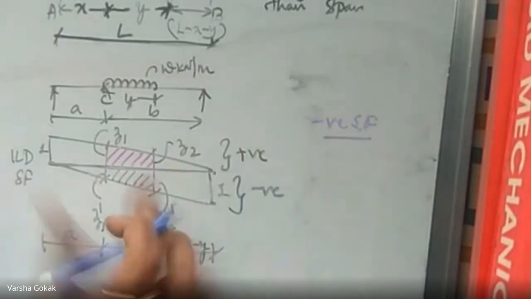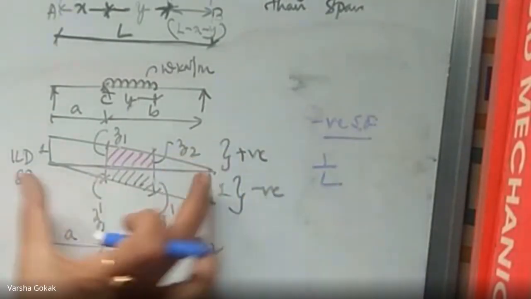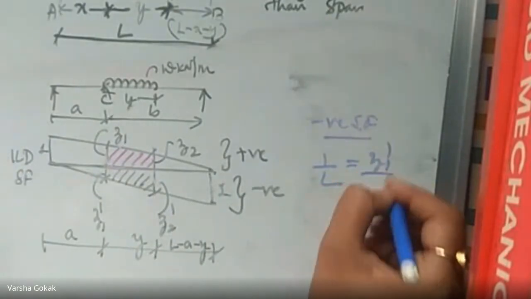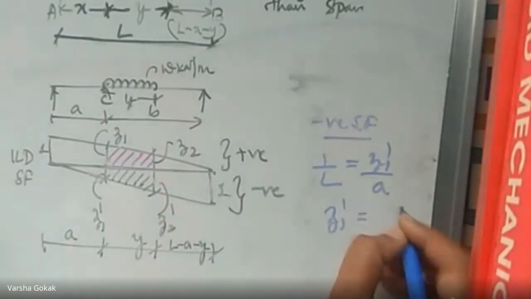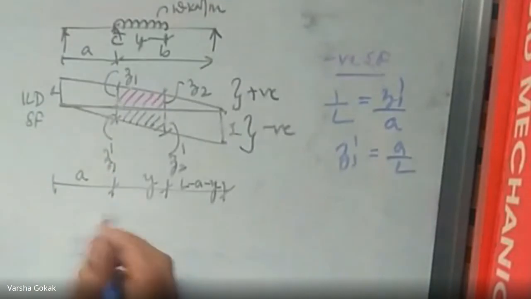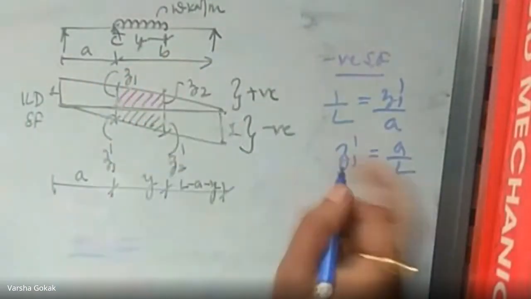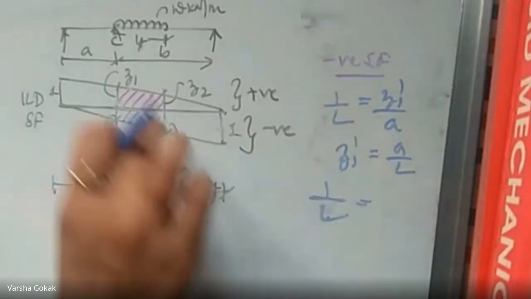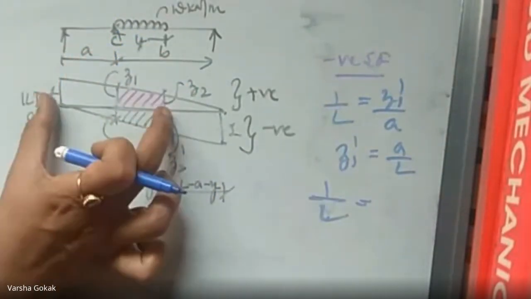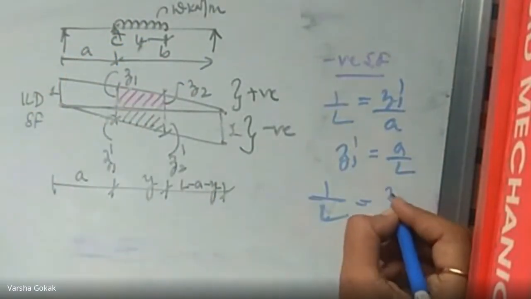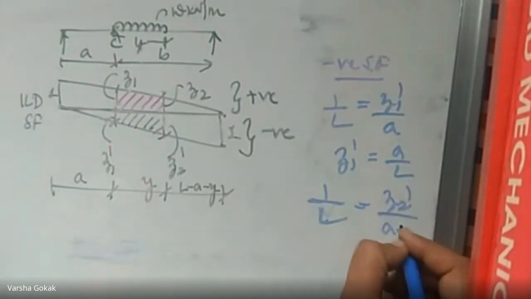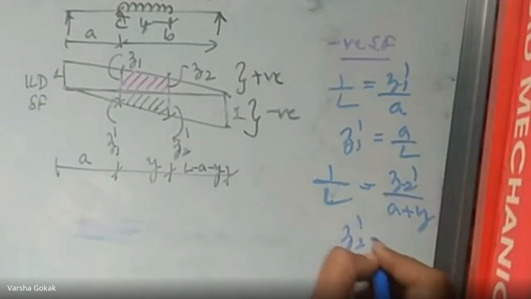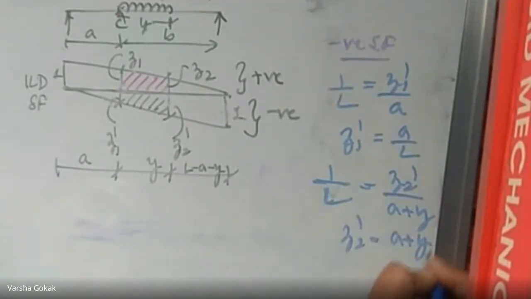So 1 divided by L will be equal to Z1 dash divided by A. So Z1 dash is equal to A by L. Similarly, 1 divided by L is equal to Z2 dash divided by this distance, A plus Y. Z2 dash divided by A plus Y. So here I get Z2 dash is equal to (A plus Y) by L.